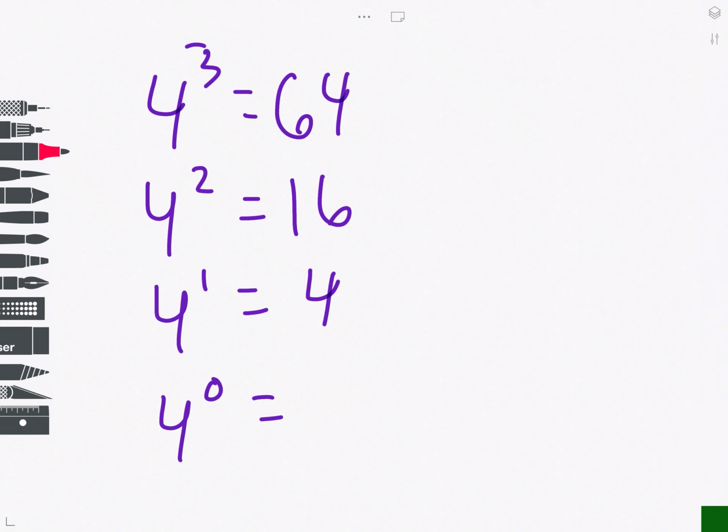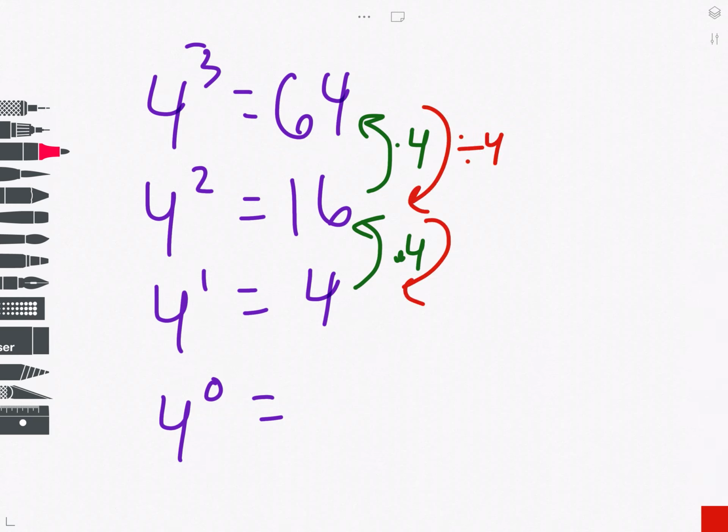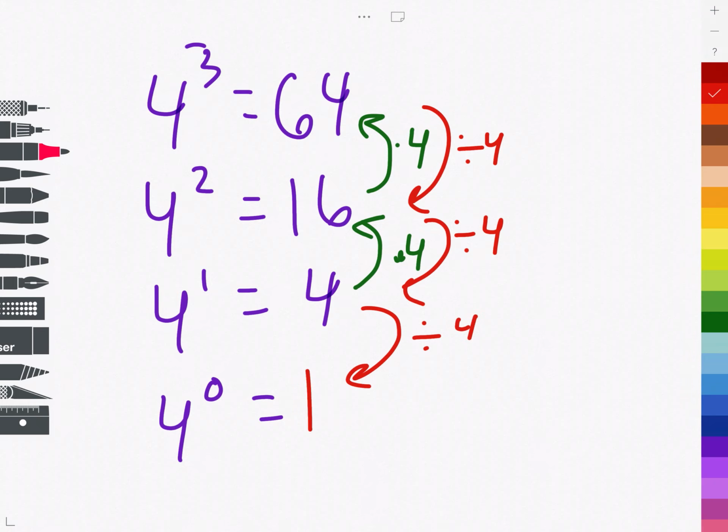If we look at this here, every time I go up, I'm multiplying by 4. 4 times 4 is 16. 16 times 4 is 64. So if I go the other way, I should be dividing by 4. 64 divided by 4 is 16. 16 divided by 4 is 4. So if I go from there to there, 4 divided by 4 is 1.